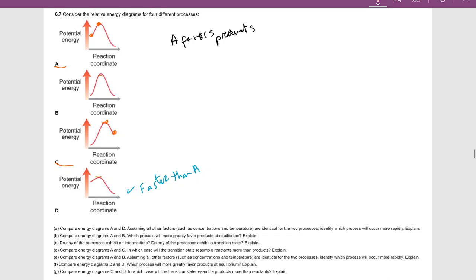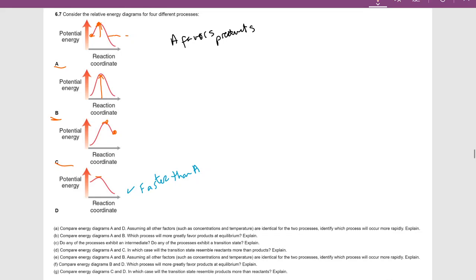I'm sorry. Consider A and B, assuming all other factors are identical, which will occur more rapidly. Did we say that? Oh, okay. It's A and B, which will occur more rapidly. Okay, so A is going to occur more rapidly because we have this smaller activation energy.